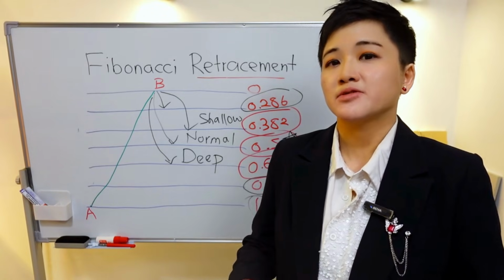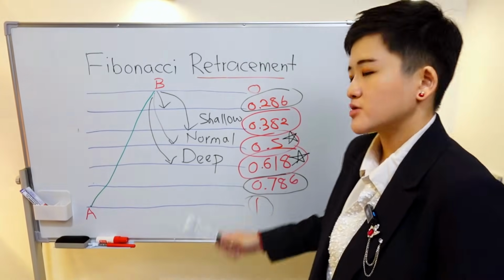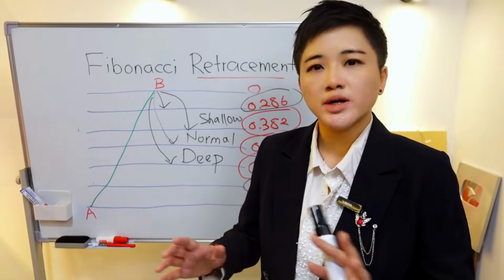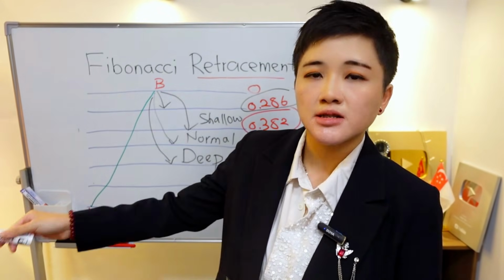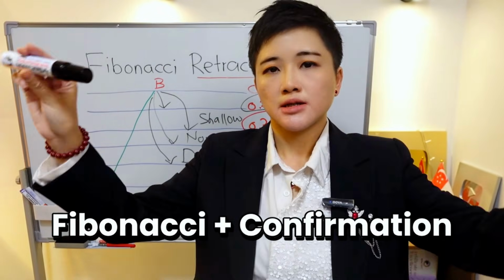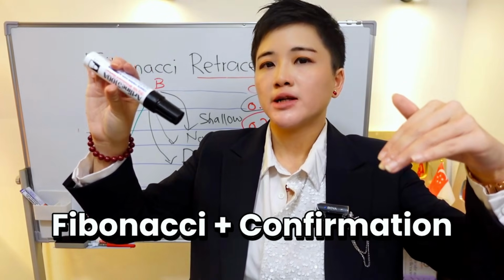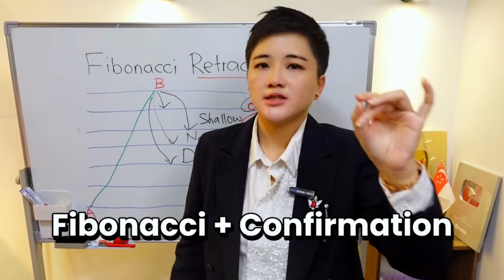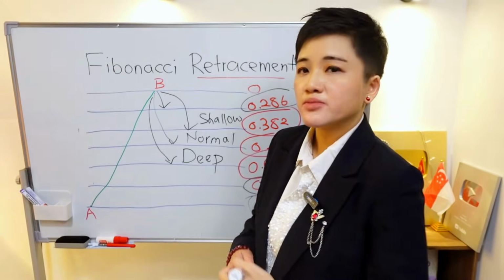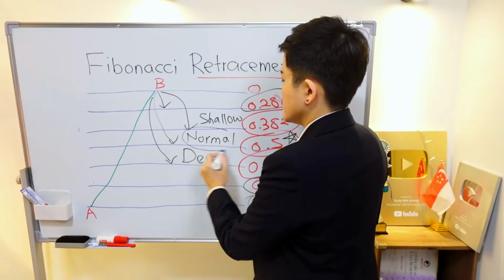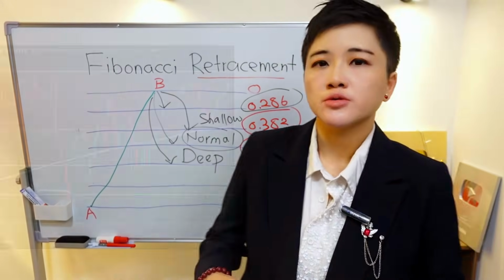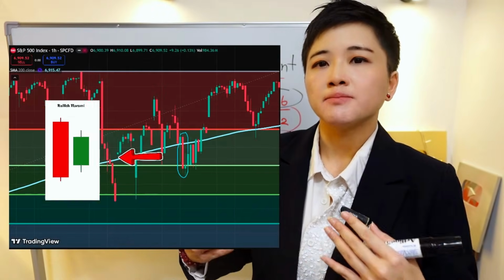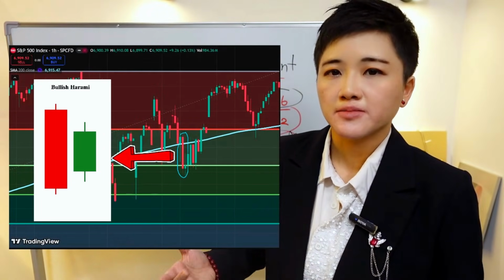Again, doesn't mean that if it goes to 0.5 or 0.618, I'll enter straight away. You need one more thing, because Fibonacci alone is garbage. But if you add one confirmation along with Fibonacci, this formula is going to increase the probability of your trade. So when prices, let's say, retrace to 0.5, you want to wait for a bullish candlestick confirmation.